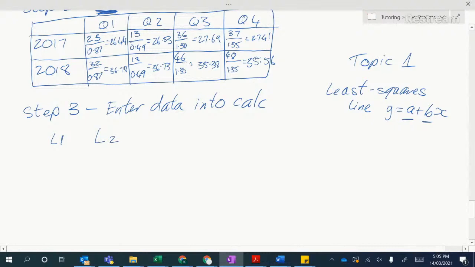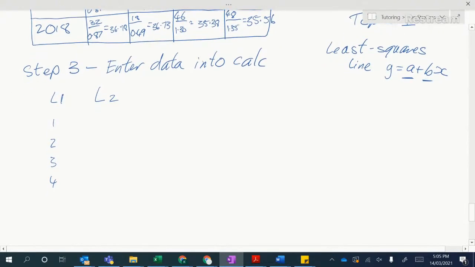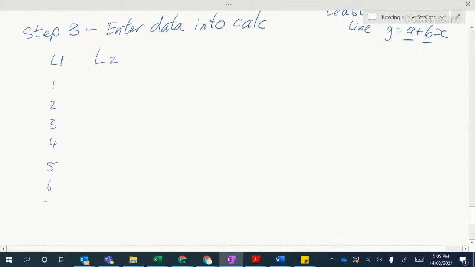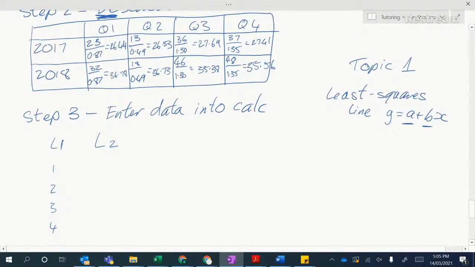In the L1 column, you want the quarter number. So quarter 1, quarter 2, quarter 3, quarter 4, which would be 2017. Quarter 5, 6, 7, 8 would be 2018. Like so. And in the L2 column, you're going to put your deseasonalized data.